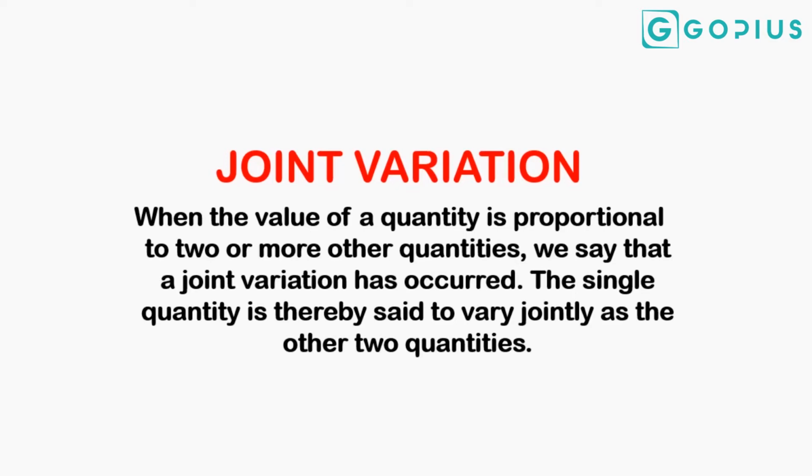Alright, so we can have x varies directly as y and z. I can have x varies directly as the square of y, and also x varies directly as the square root of z. Alright, so if I want to join the two now, it means that x varies directly as y square and root z. This is a joint variation, talking about two direct.